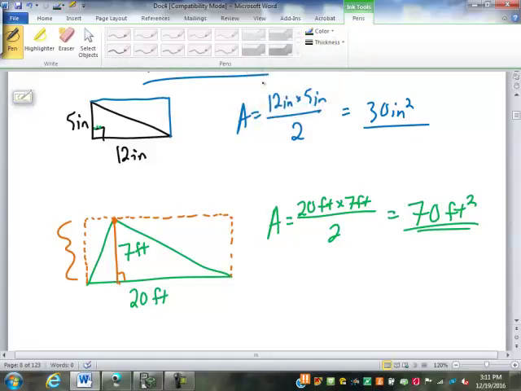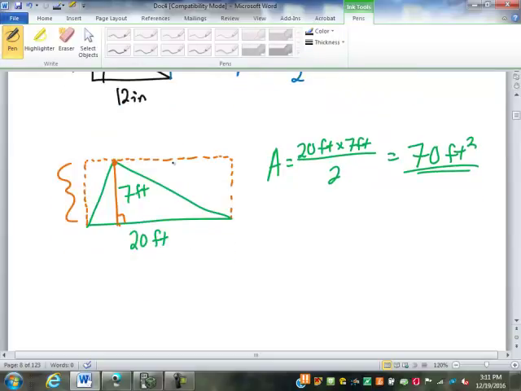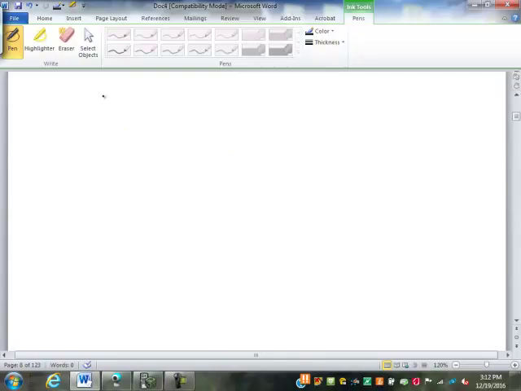Any questions so far? So as you can see, area is all about rectangles, and it's about taking two perpendicular dimensions. All area requires those two perpendicular dimensions. So let's look at something called a trapezoid.